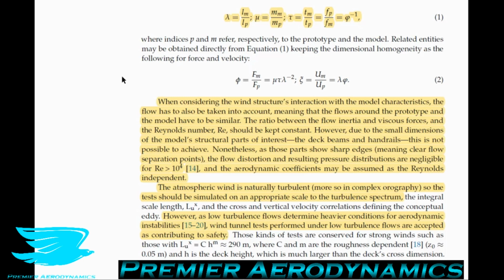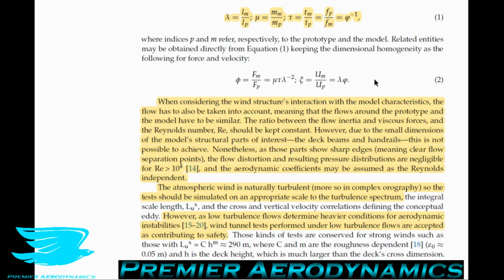So that's not really based on inertia or viscous forces. It's more just due to the geometry. And even if you increase the speed of the flow dramatically, the flow doesn't have enough energy to get around those very sharp corners. So you can go for a lower Reynolds number and still get the same kind of flow physics happening. So that's the Reynolds number similarity in a nutshell.